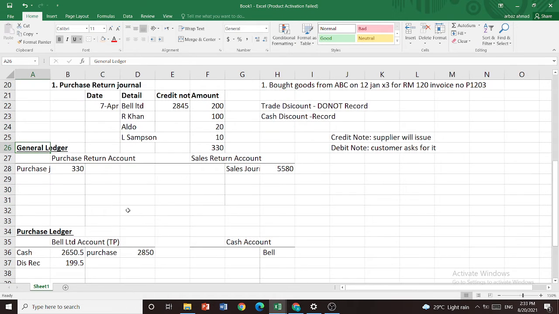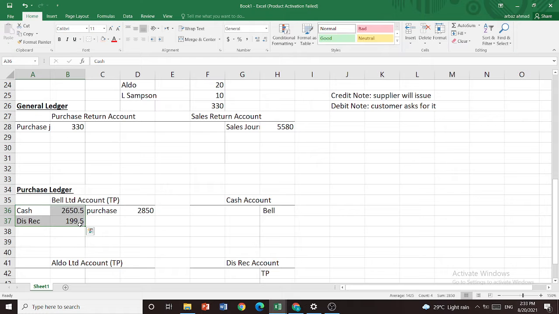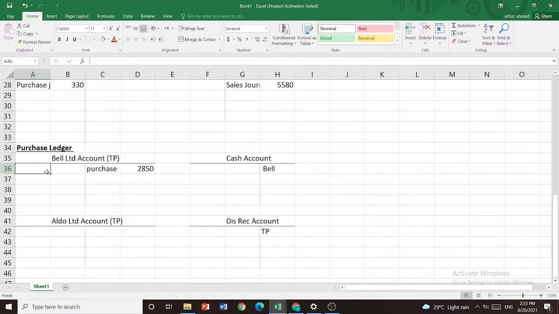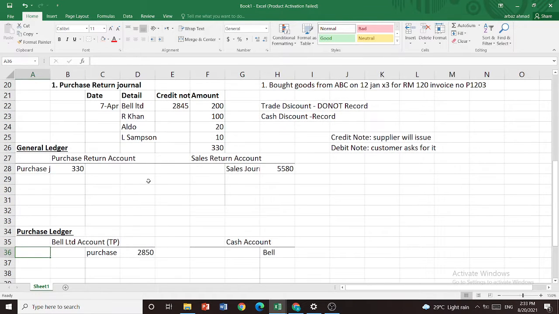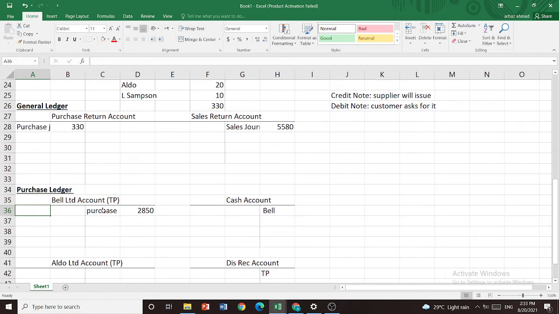I will go into their accounts and minus this amount. If purchase is an expense, it means debit purchase and credit trade payable, which is Bell in this case. Purchase return is going to be trade payable debit, because we will receive the money from him when we give him the purchase return.